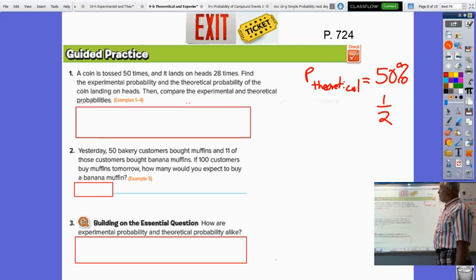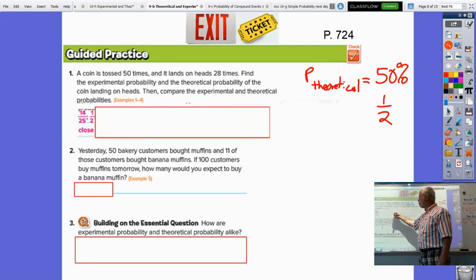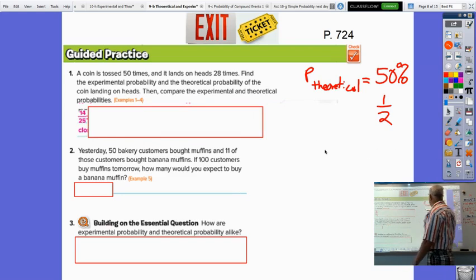The coin is tossed 50 times and it lands on heads 28 times. What's the experimental probability? The experimental probability is what comes out of the experiment, what you actually did. 28 out of 50.